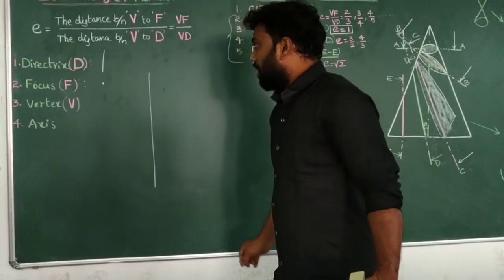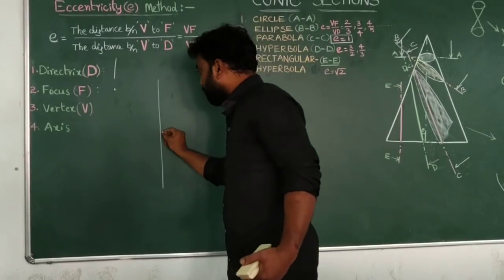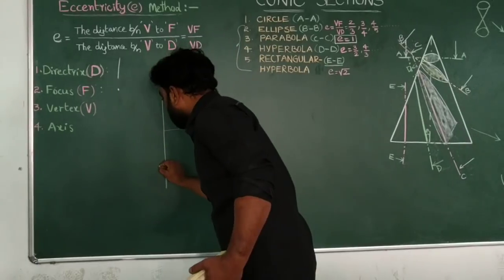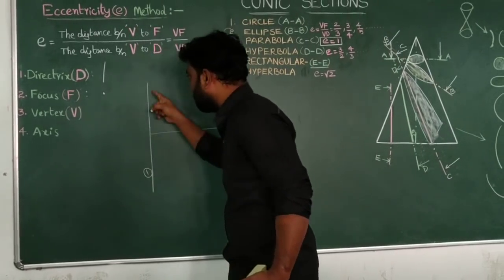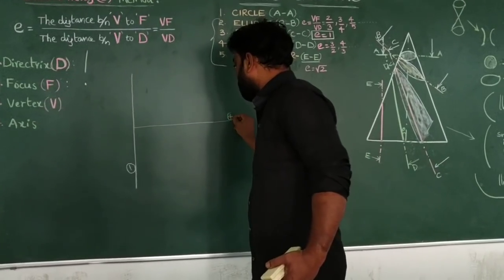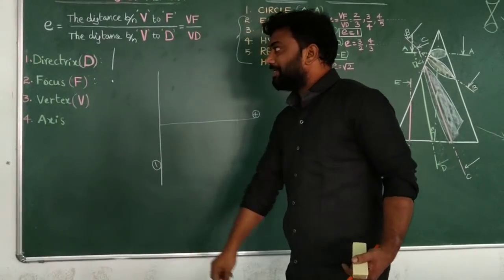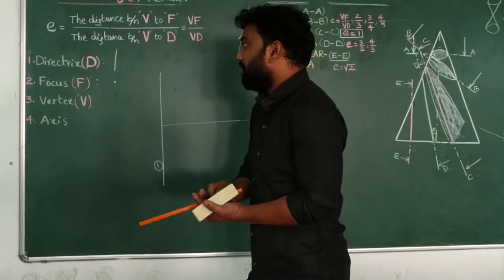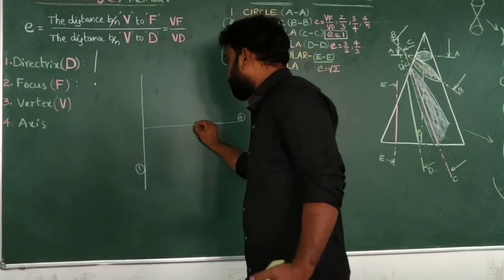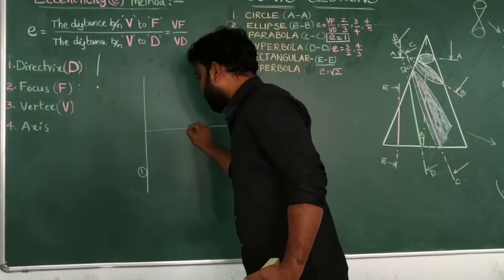Here the fixed point is located on the axis. Let me show you the axis. As I said, this line represents the first, and this particular line represents the fourth according to this series. This is the fourth one, that is the axis. The fixed point is located on the axis of the cone, so we can place it anywhere on this.